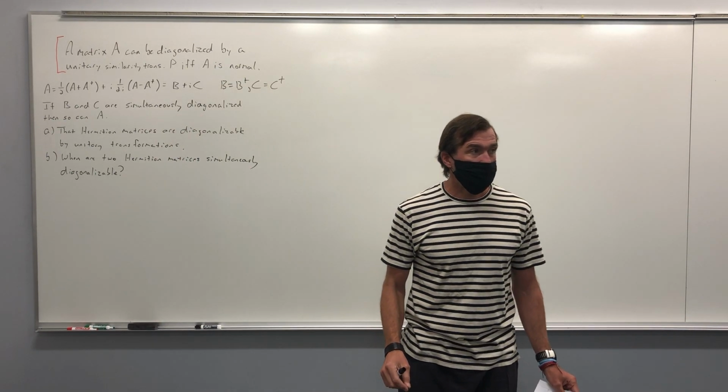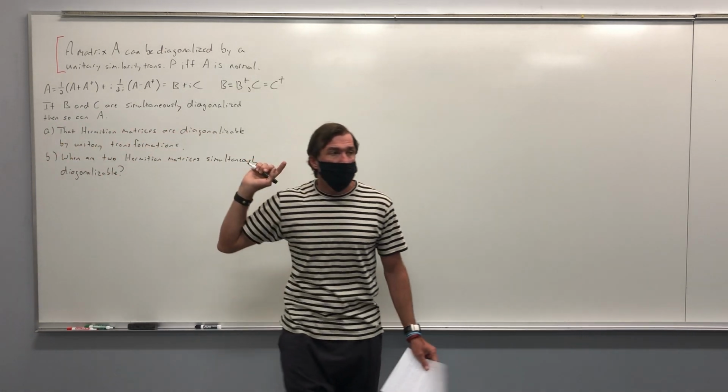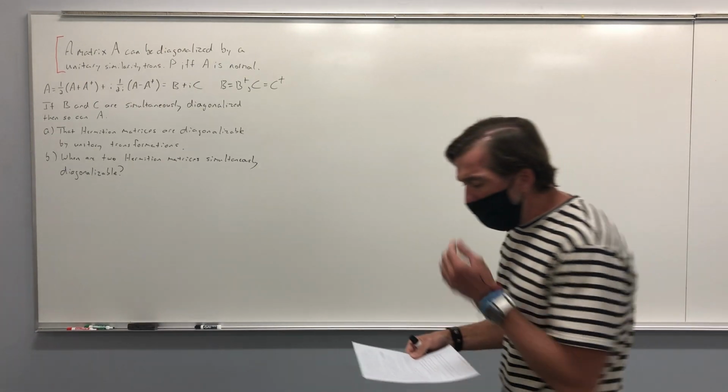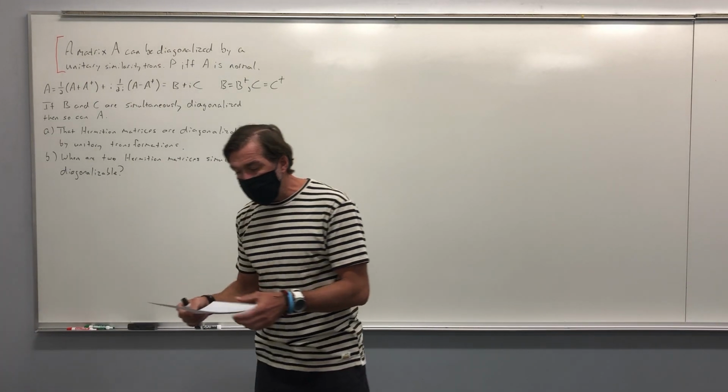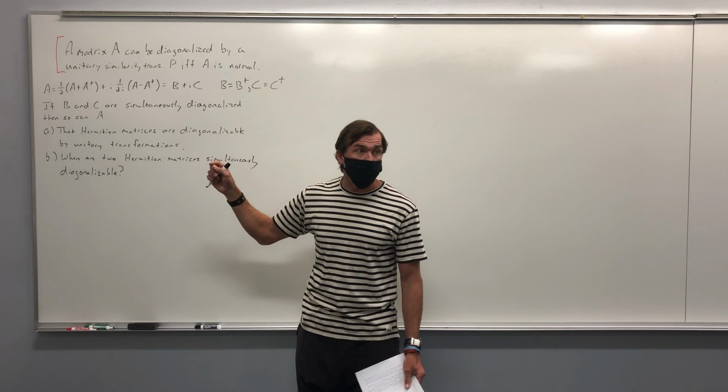Now, we talked about question A at the end of the last lecture. And for A, what we found was that any hermitian matrix may be diagonalized by a unitary similarity transformation.